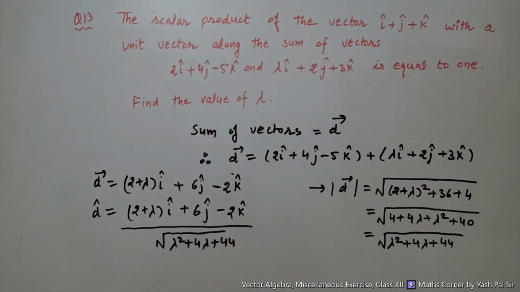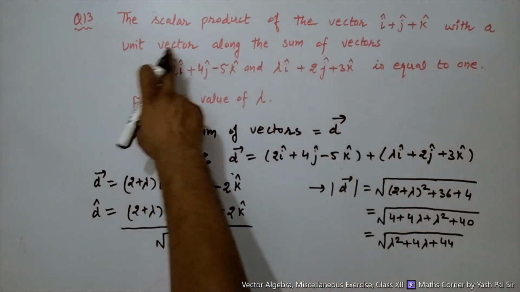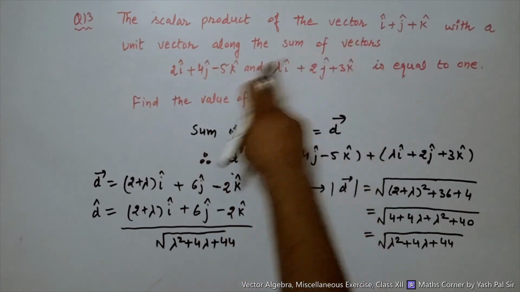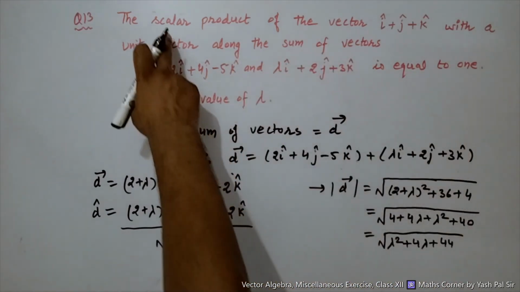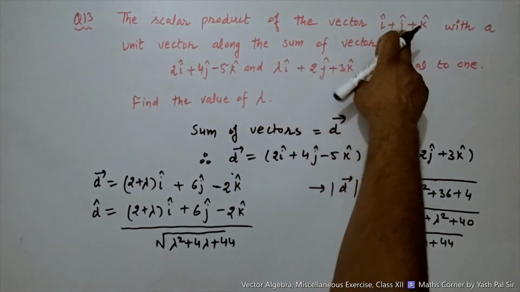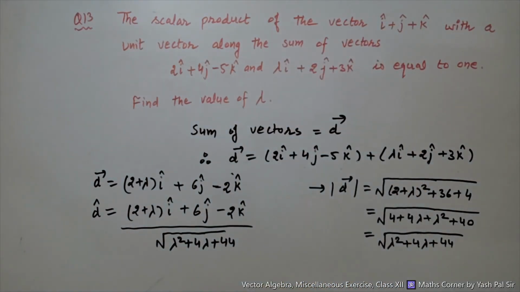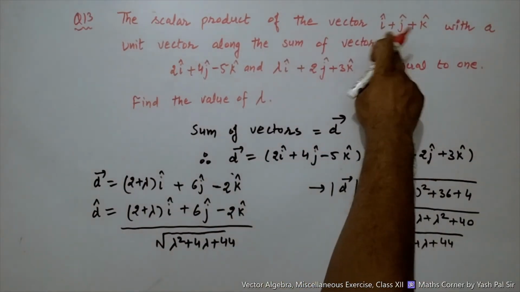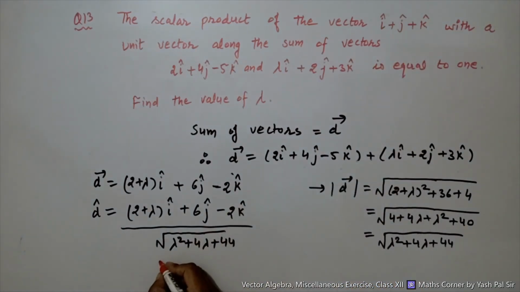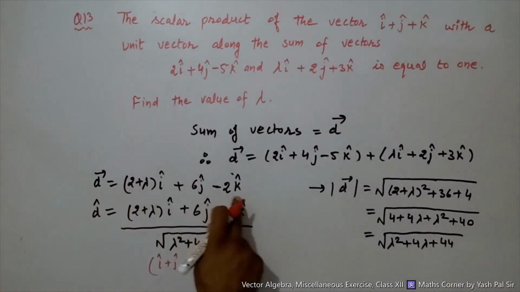Now second condition is scalar product with the unit vector along the sum of the vectors is equal to 1. What is the scalar product? So here the given vector is i plus j plus k. Scalar product means dot product with this resultant vector.